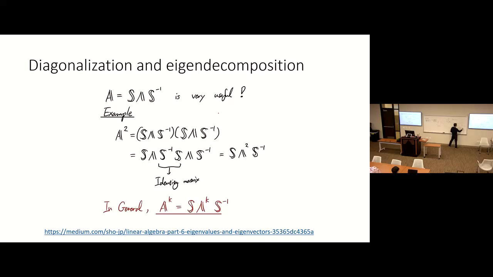Maybe it should be inverse. So basically, you move this to there. There are some operations you can do, and you obtain a transformed version of this.